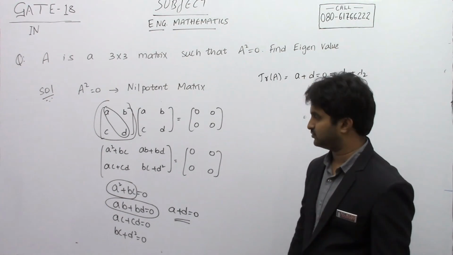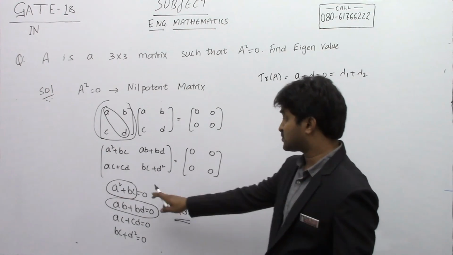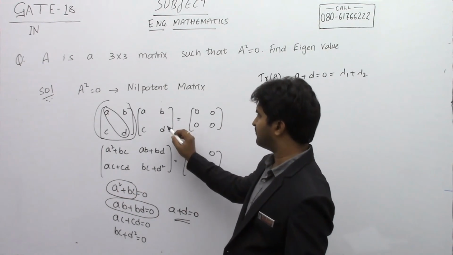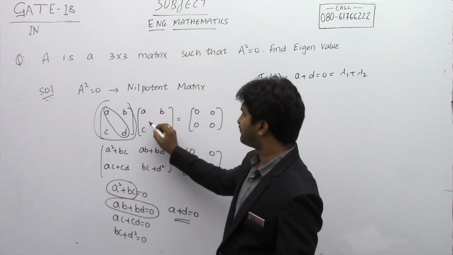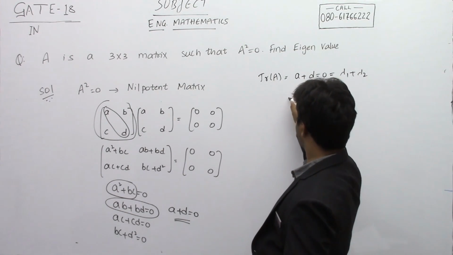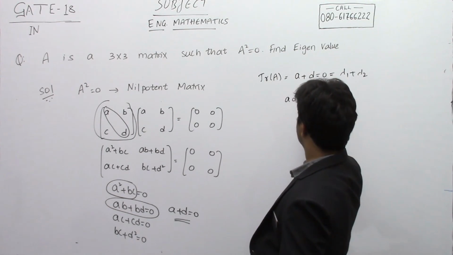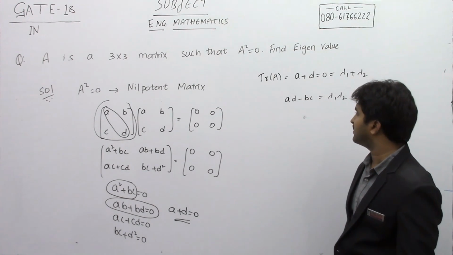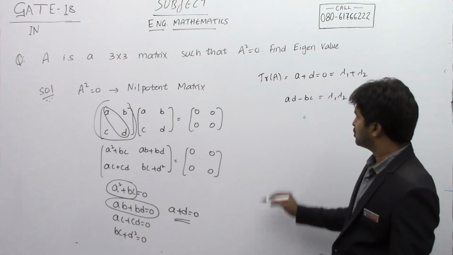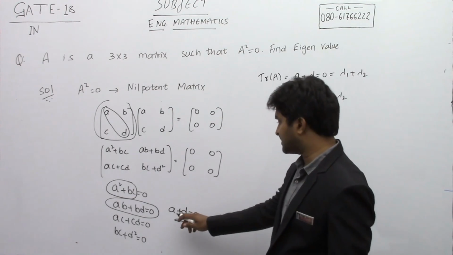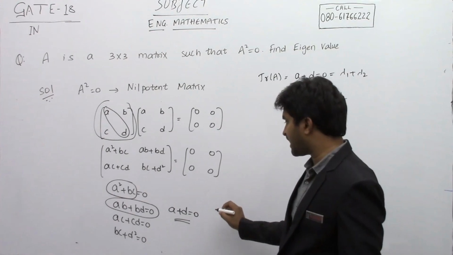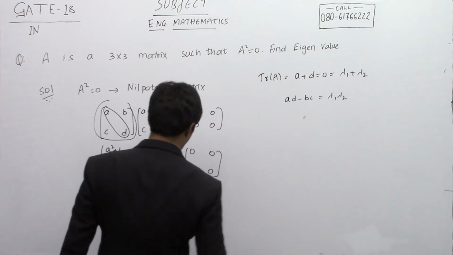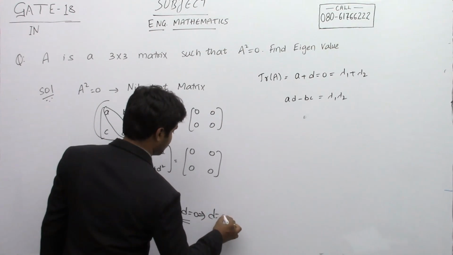The second thing is that you got a square plus bc equal to 0. Now if you observe, ad minus bc is nothing but the product of eigenvalues. a plus d is equal to 0 simply means that a is equal to minus d, so d is equal to minus a.